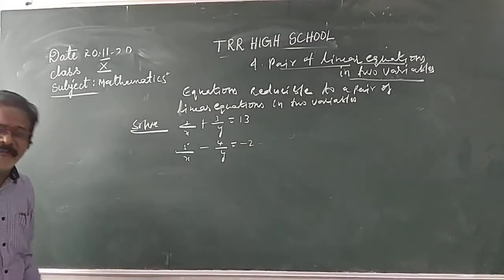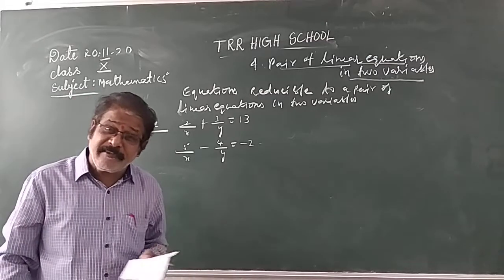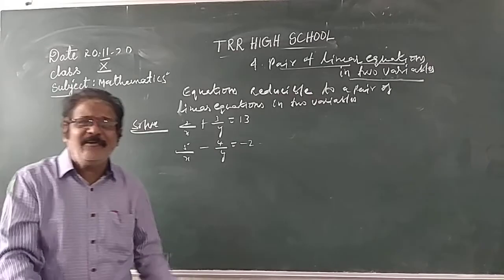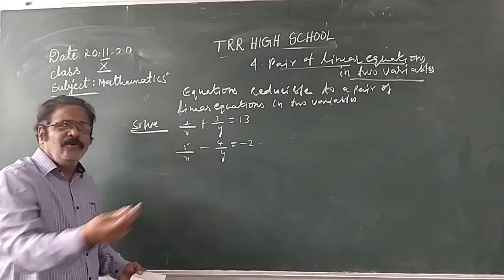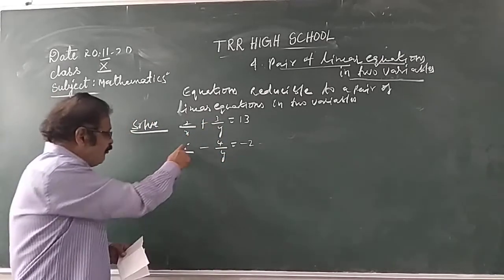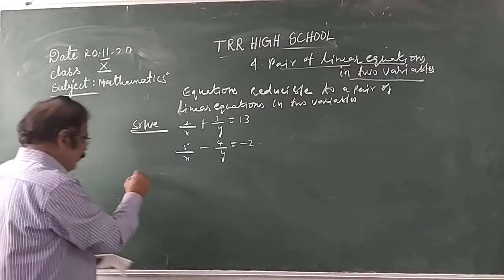So this is a pair of linear equations. Two equations are given. But are they in the form of ax plus by plus c equal to 0? No, they are not in that form. So we have to reduce them into standard form. 2 by x means 2 into 1 by x. 3 by y means 3 into 1 by y. 5 by x means 5 into 1 by x. 4 by y means 4 into 1 by y.